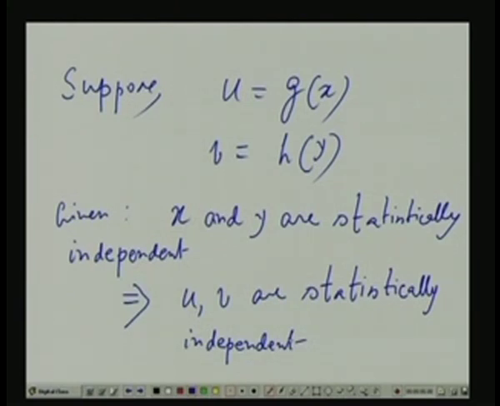It is not very difficult to show, we can easily show it. What is the joint probability density? Or maybe instead of density, it is better to work with distributions. So, let me erase this.